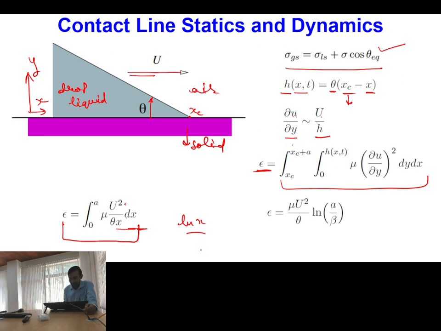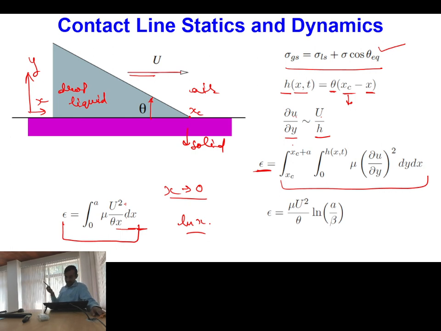When x approaches 0, log of 0 is undefined. It means that at this point the value of the viscous dissipation at the contact point becomes infinite, which causes a singularity. So you cannot define the value of viscous dissipation energy at the contact point.